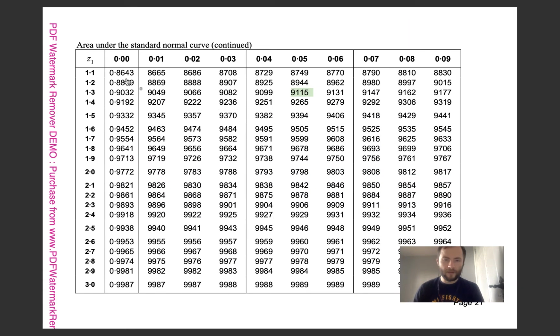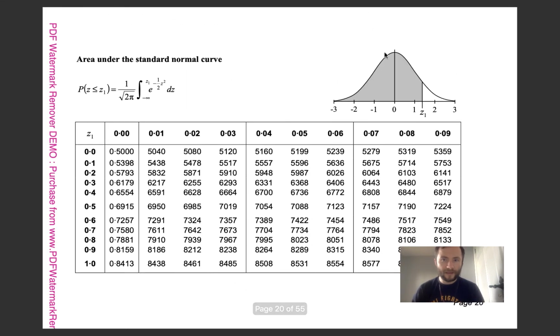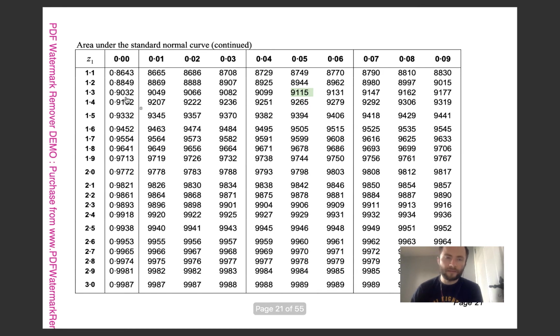If you look at the tables, the area under the standard normal curve, this area here, these are all the members of the population who have their characteristic described with a z-score less than z1, and the z-score of our member of the population is 1.35, and that corresponds to a probability of 91.15.